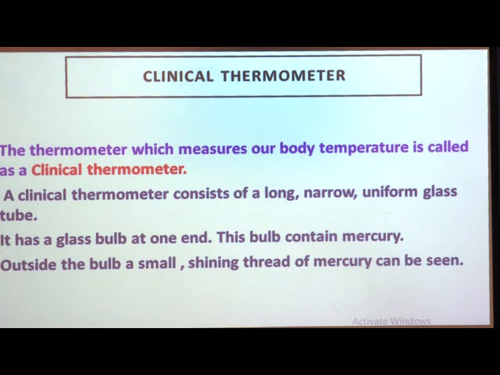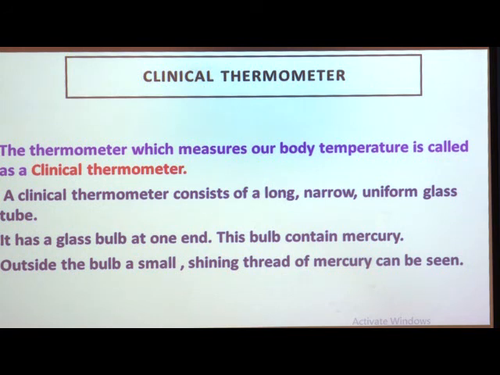Have you seen this type of thermometer? I think many students in your class have these clinical thermometers at home. These thermometers are mostly used to measure the body temperature of human beings.